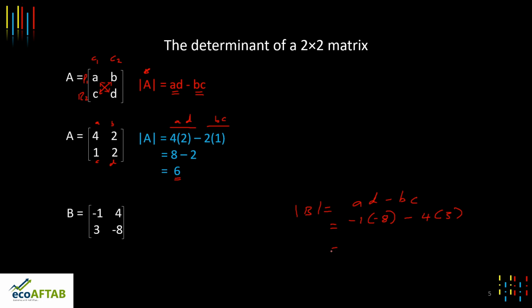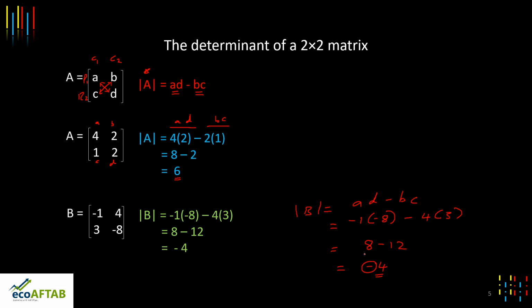So minus into minus is plus, 1 into 8 is 8. Similarly, 4 into 3 is 12. So what we are going to get is 8 minus 12 and the value is -4. So this is the negative value of the determinant. What happens if the value is negative? I will tell you geometrically in the next slides. So this is what we get with regard to negative values.